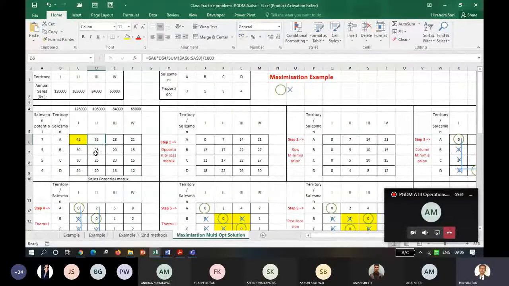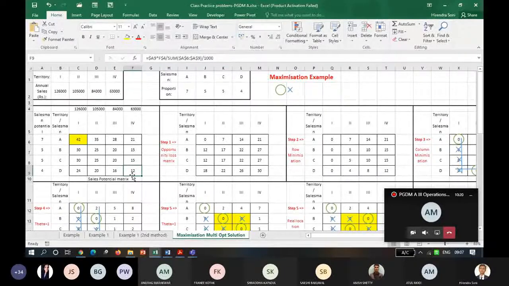So when you multiply all the elements by -1, what will happen is -12 will be higher as compared to -42. Correct? Okay.